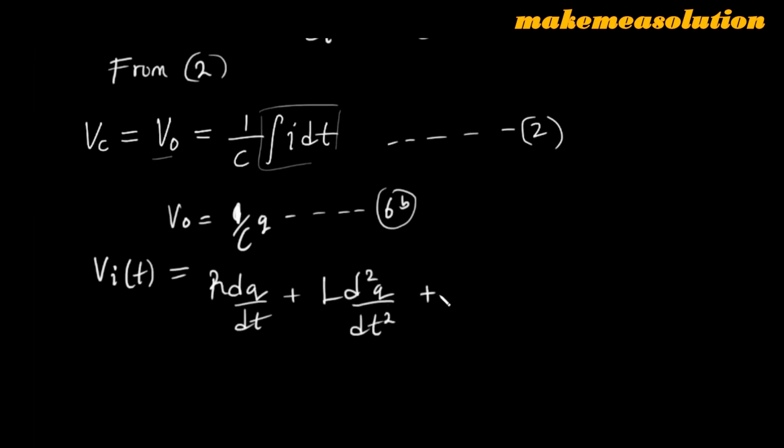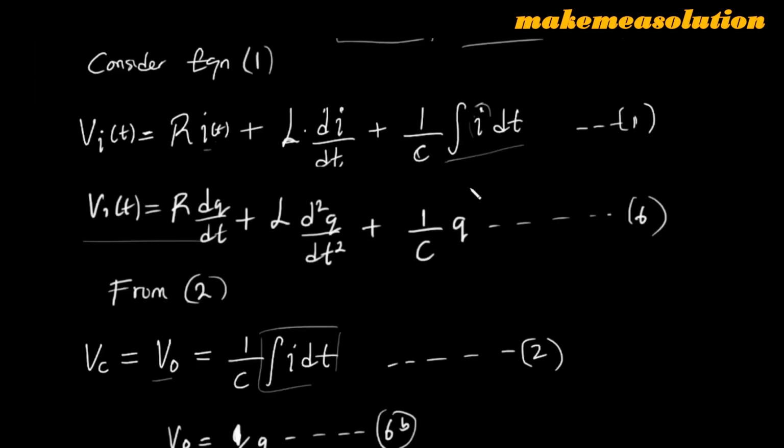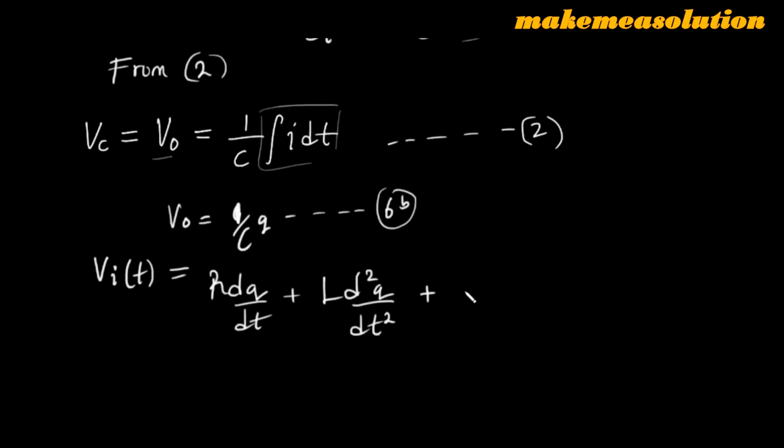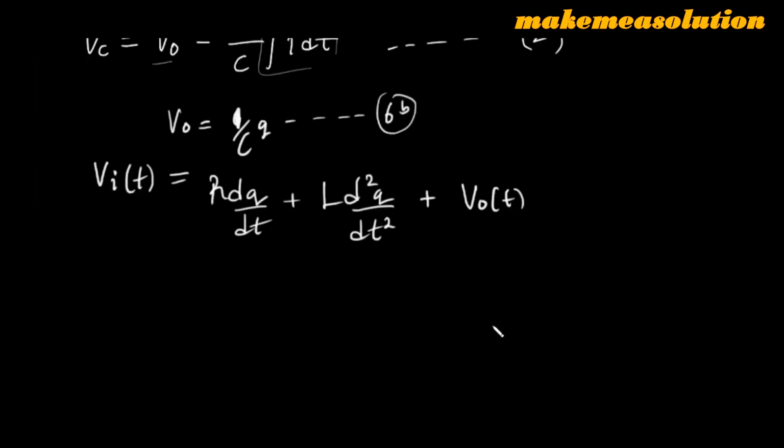Then you now have plus this whole term is now going to be replaced by this whole term, which is my v naught of t. Is that okay? So this is another equation that relates the input voltage to the output voltage.